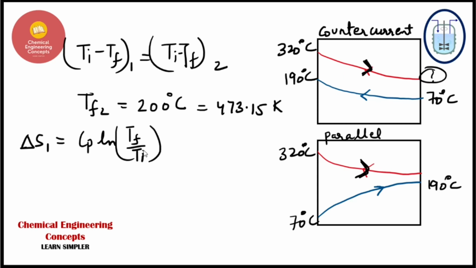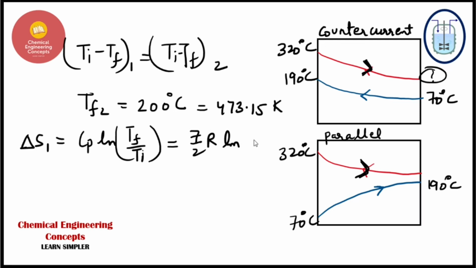So let's talk about the first stream, the hot stream. Cp value is 7 by 2 times R, it is given in the problem, guys.